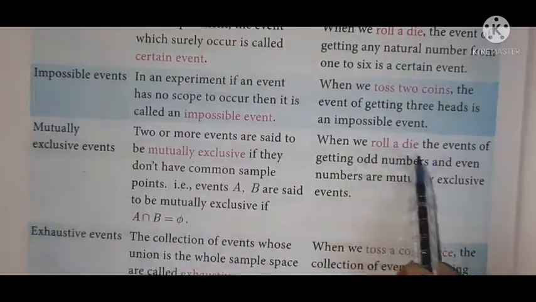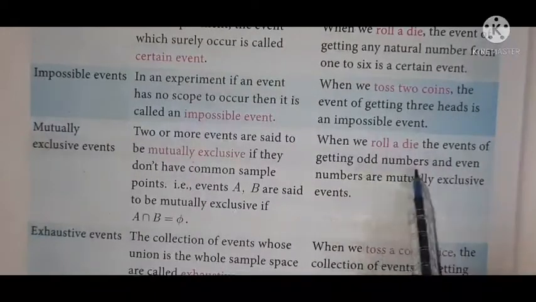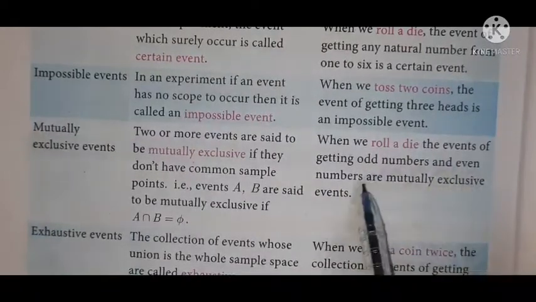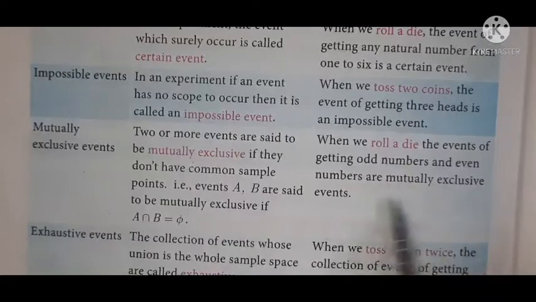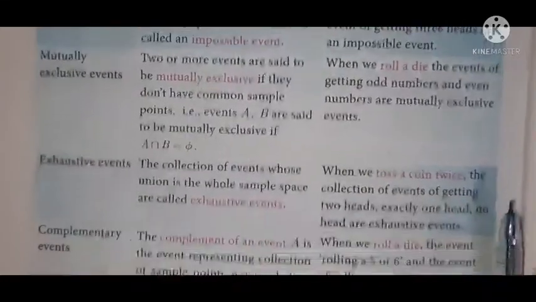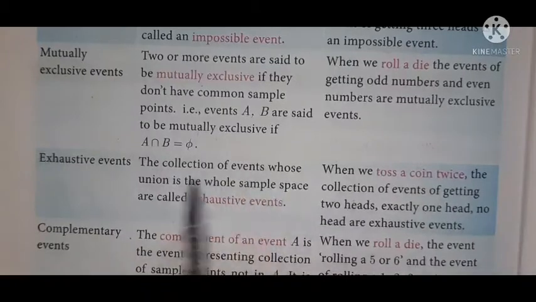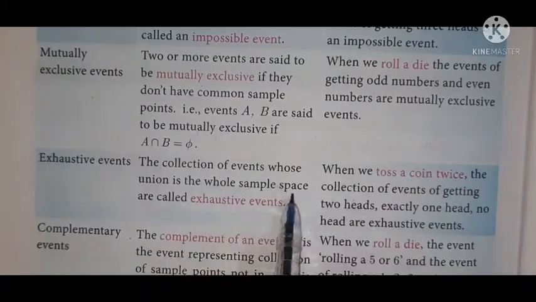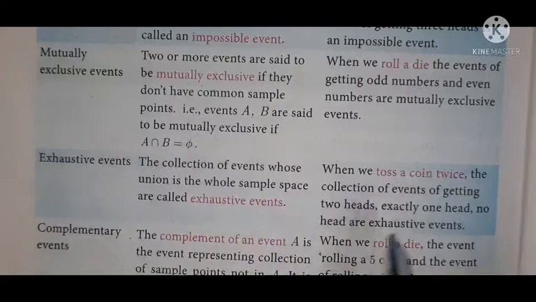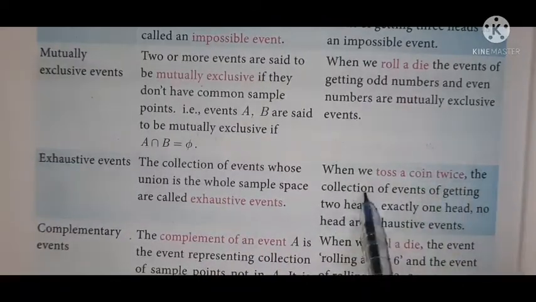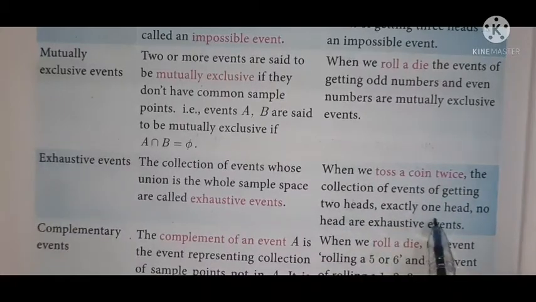When we roll a die, the events of getting an odd number and an even number are mutually exclusive events. Exhaustive events. The collection of events whose union is the whole sample space is called exhaustive events. When we toss a coin twice, the events of getting 2 heads, exactly 1 head, and no heads are exhaustive events.